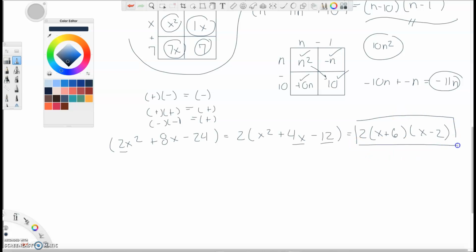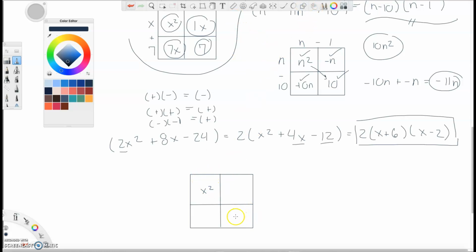All right, now let's try doing the box method. Again, I'm going to have already pulled out my 2. So when I draw this box, I'm only going to factor that first part and remember to tack on the 2 at the end. So in this first box up here, I'm going to put x squared.